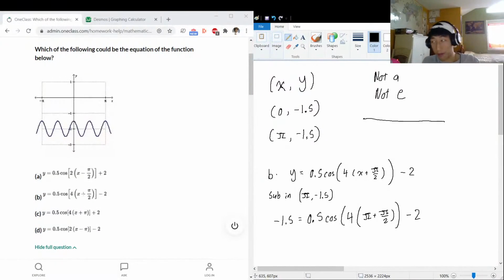Let's pull out my handy dandy calculator to calculate the right side of this equation. So we have pi plus pi divided by 2. That is multiplied by 4. And we're going to need to take the cosine of that. So I have to set my calculator to radians. Do that super fast.